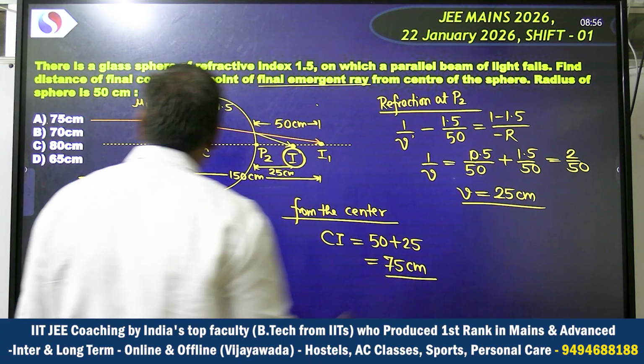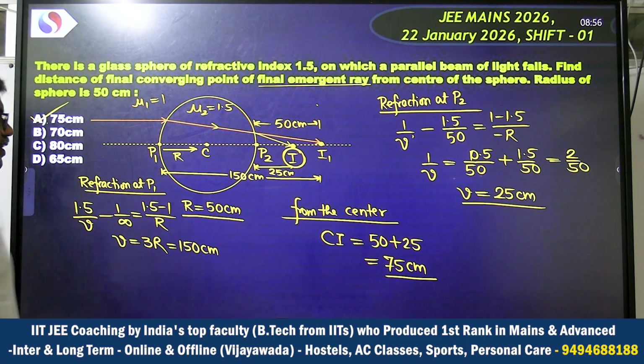So 75 centimeter is the correct answer for this question. As I told you, this is a little calculative, and most importantly the sign convention. If you take care of the sign convention, there is no chance of making any mistake in this question. Okay, move to the next one.